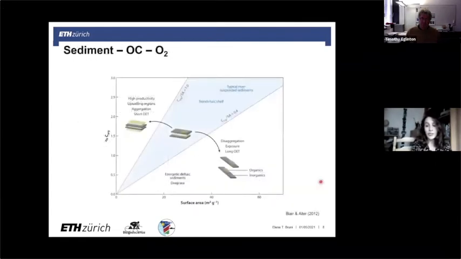Another important relationship exists between organic carbon and mineral surfaces, as it describes the amount of mineral surfaces available for physical protection. This figure with organic carbon on the y-axis and surface area on the x-axis shows exactly this relationship, and it shows that we expect high organic carbon to surface area ratios in high productivity and upwelling regions, where organic carbon forms aggregates with its available surface areas because of the short oxygen exposure time or even the anoxia.